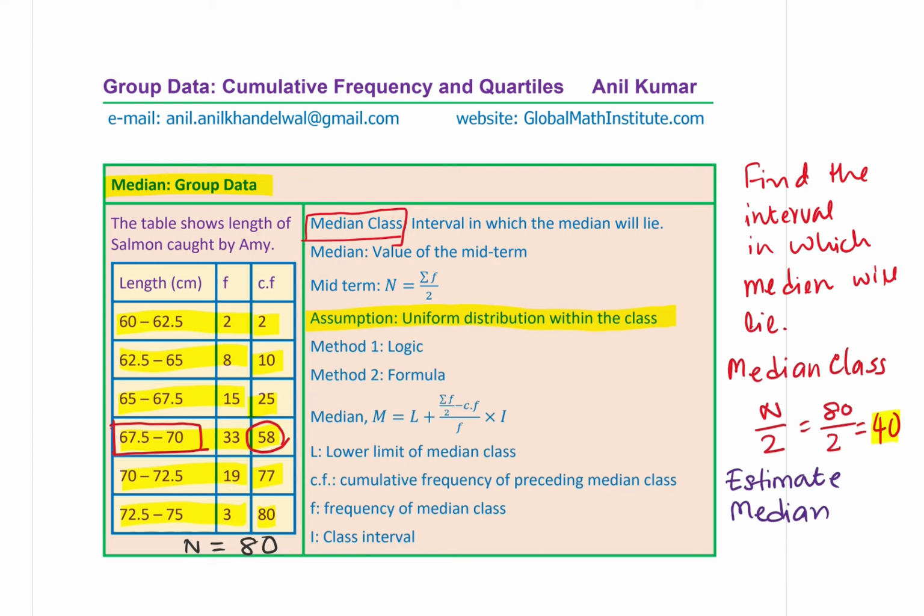Think like this. We say within this interval, all the information is uniformly distributed. So this is 67.5, and that point there is 70. We have 33 elements in this, right? So within this, we have 33 elements. So there are different points, correct?